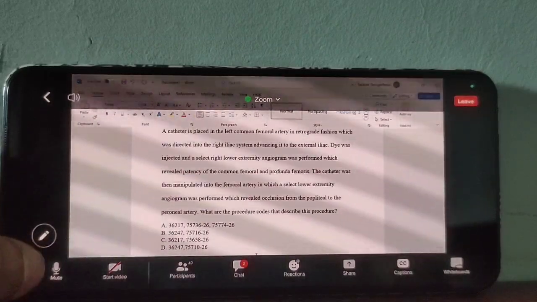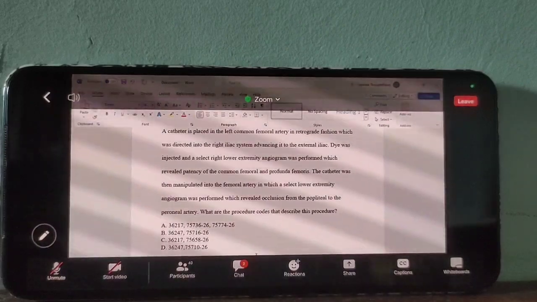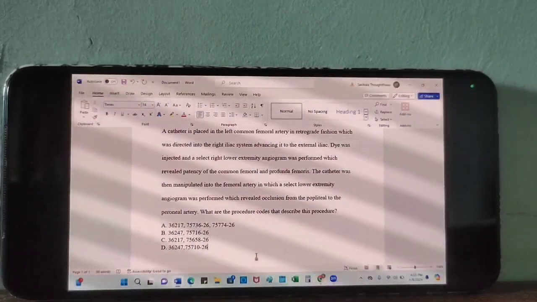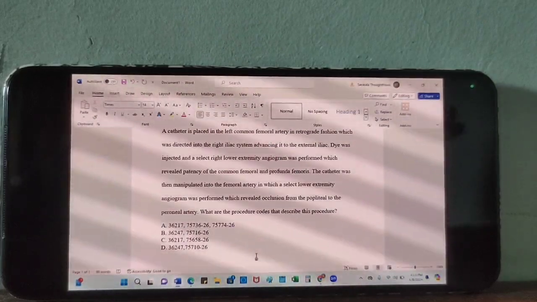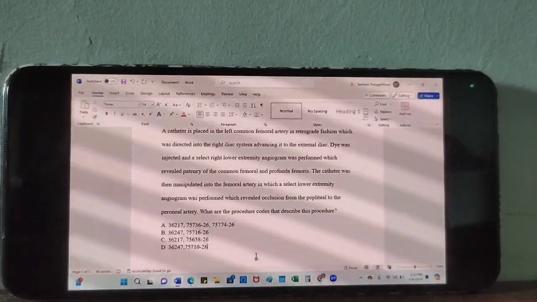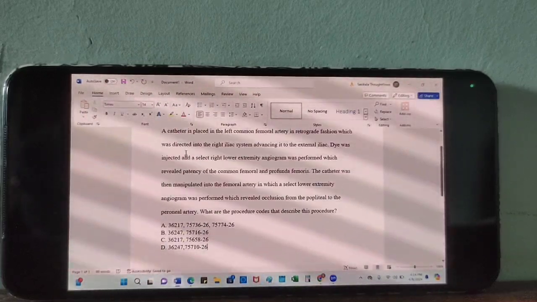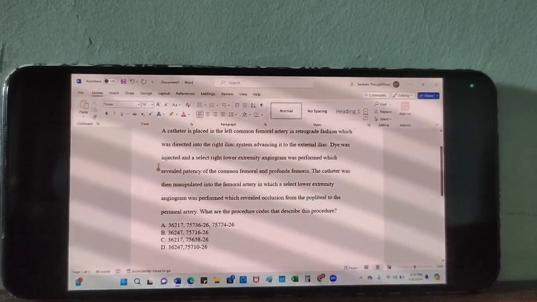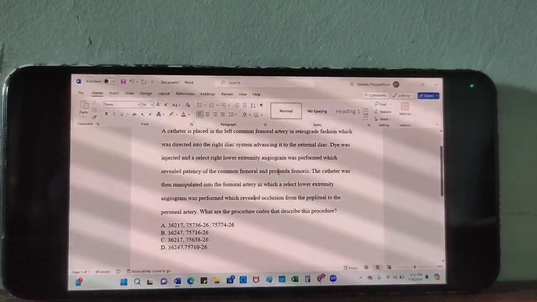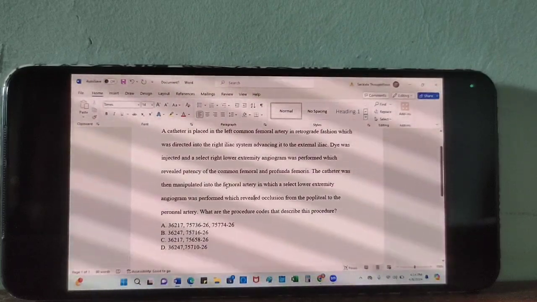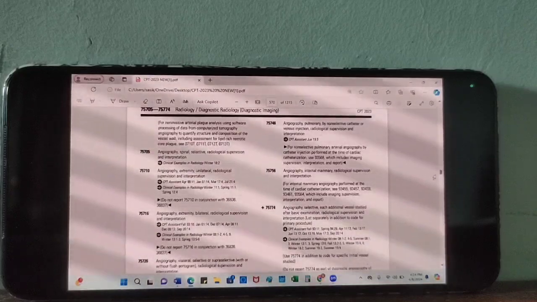Then what is the termination site of the catheter here? What is the termination site? External iliac, ma'am. Is it advanced into the external iliac? Right iliac system, advancing into the external iliac? Not external iliac. One minute, I will check the appendix here.